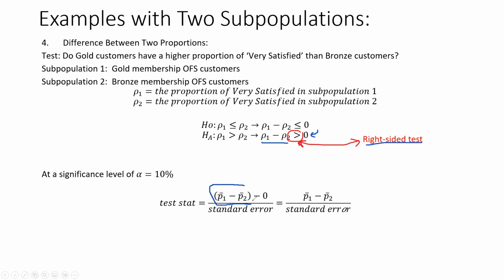And the P bar is the proportion in the subgroup of our sample that are the gold customers, and we want to get the very satisfied in the gold customers in our sample. So this is the observed. This is coming from the sample data minus the sample data that are the bronze customers, and we're going to get the proportion that are very satisfied there.